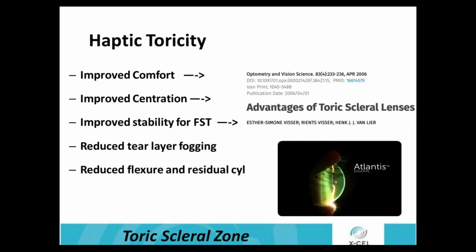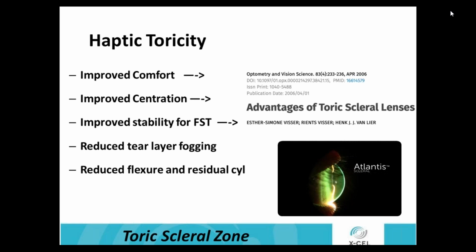Now moving to the toric haptic, or the scleral toricity, it's very important that we use this more and more because of the advantages that we have with this. Not only, again, reducing the flexure, it is improving the comfort. The alignment of that lens on the sclera helps with the comfort tremendously. We also know through clinicals and then our own data that we can improve the centration of the lens.